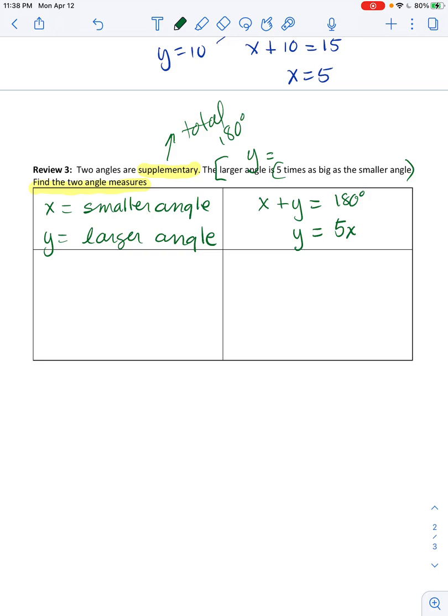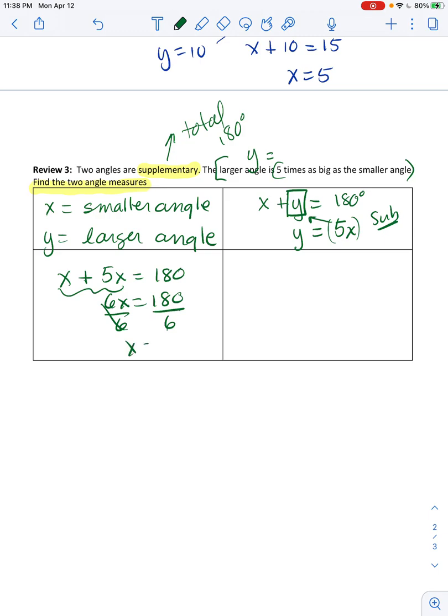I'm good to go. This looks a lot easier to do by substitution because I can replace this 5x in here and substitute that in for the y. So my top equation will be x plus, and I'm subbing in the 5x for the y, equals 180. So putting those two together, I get 6x.